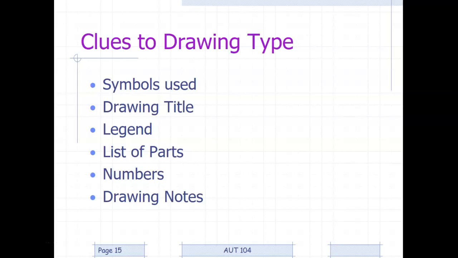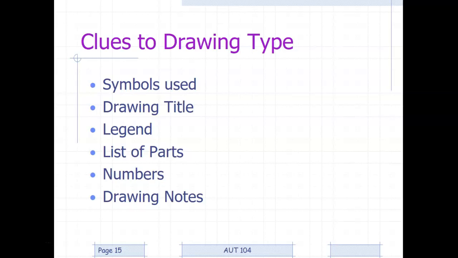If you can't find it in the drawing title, you look to the legend. Does the legend tell you anything? Sometimes there's a legend, sometimes there's not, but the legend and the list of parts tend to go hand in hand. Something in there should tell you what you're looking at. Are you using pipe? Electrical wire?